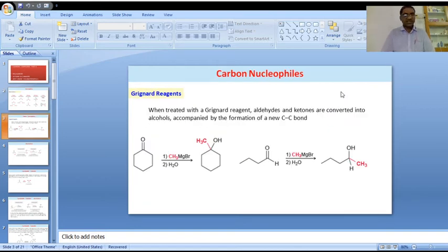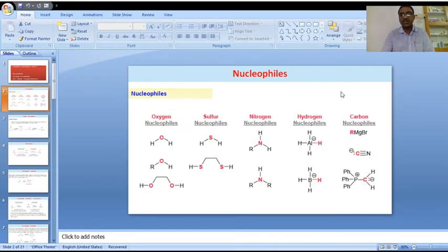This is the last carbon nucleophile, the last type of nucleophile. Here please observe the first one, the Grignard reagent, as in the last slide. For a carbon nucleophile, the Grignard reagent is the suitable example, RMgX.